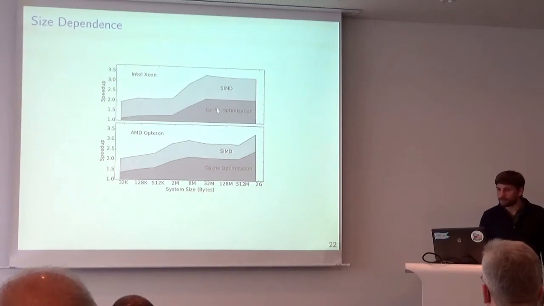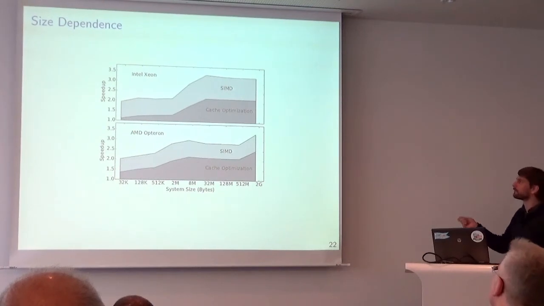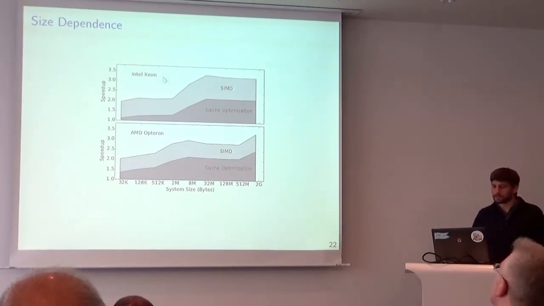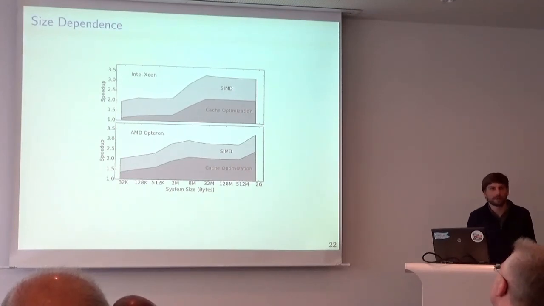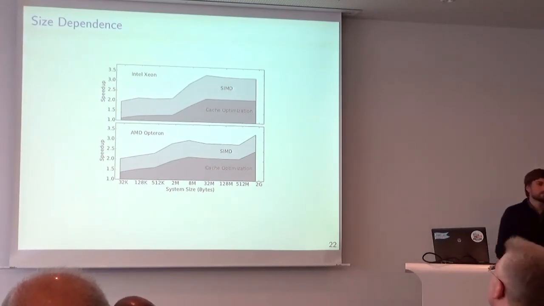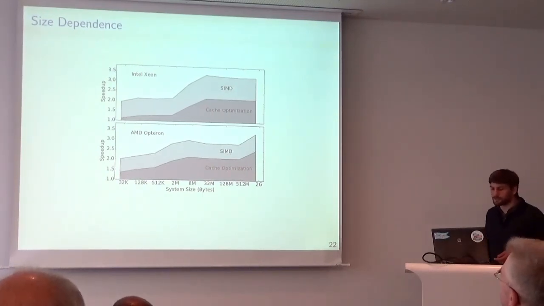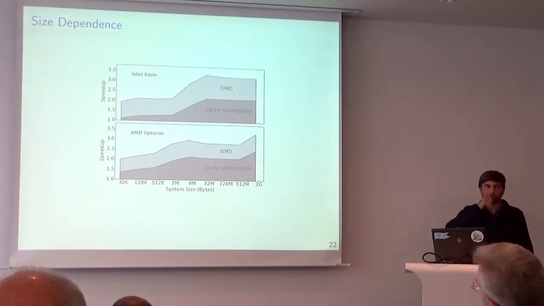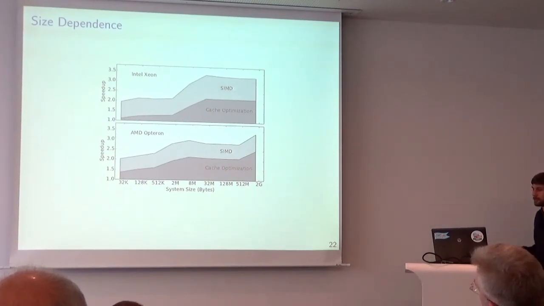I measured the performance gain and divided it into what I get from cache optimization and the additional gain from SIMD instructions. I checked for Intel Xeon as well as AMD Opteron. On both processors, I got similar speedups of roughly factor 2 to 3, depending on how big my original problem size is. If I have a very small problem, obviously that fits into cache anyway, so cache optimization doesn't give me much, but SIMD instructions are still useful. But if my problem gets really, really big, I have to do cache optimization before I can even think about employing SIMD instructions.